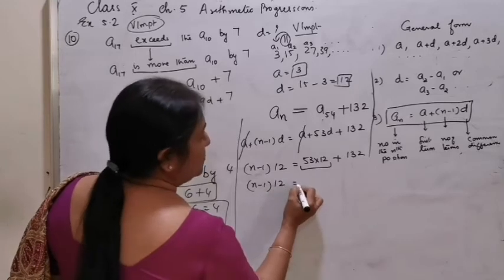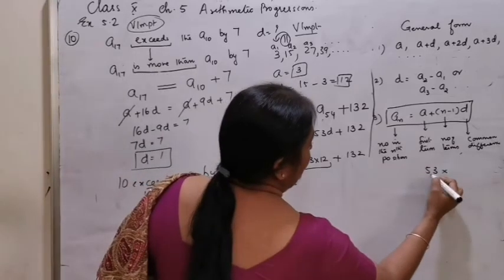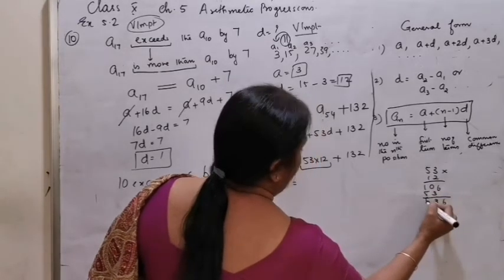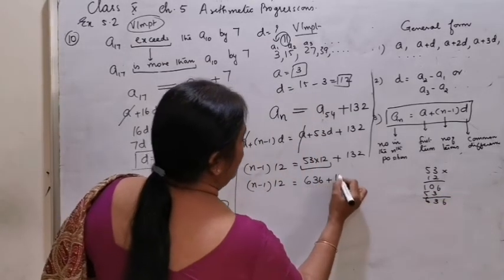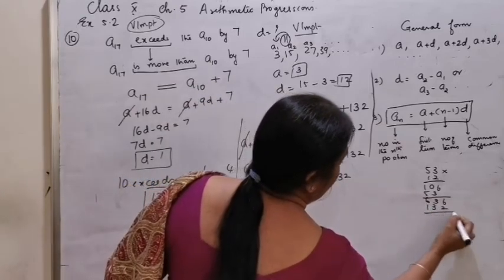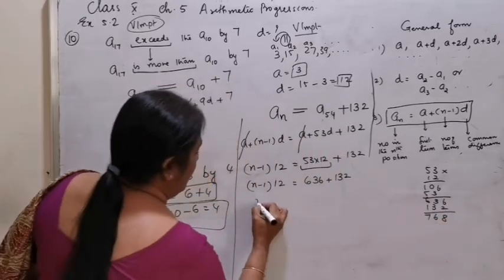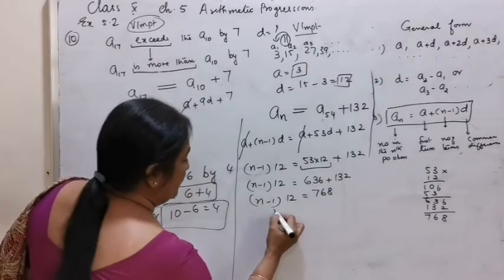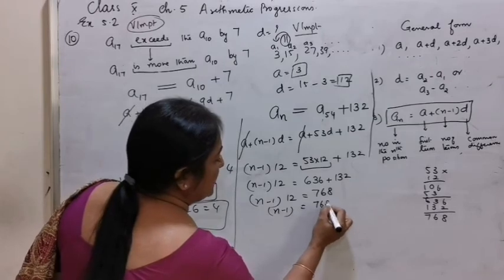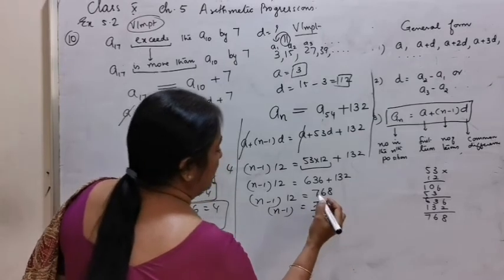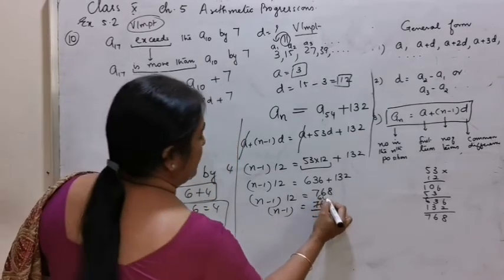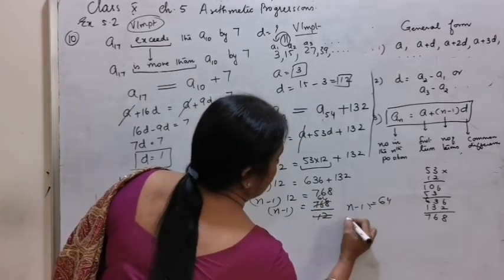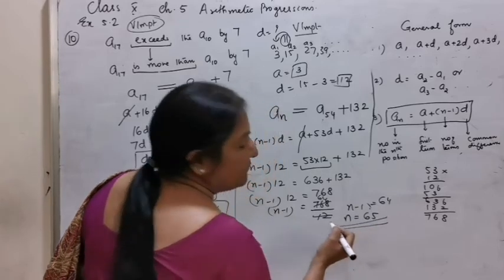N minus 1 into 12 is equal to 53 into 12, 636, plus 132. N minus 1 into 12 is equal to 768. N minus 1 is equal to 768 divided by 12. 12 sixes are 72, 48, 64, or n minus 1 is equal to 64 means n is equal to 65.